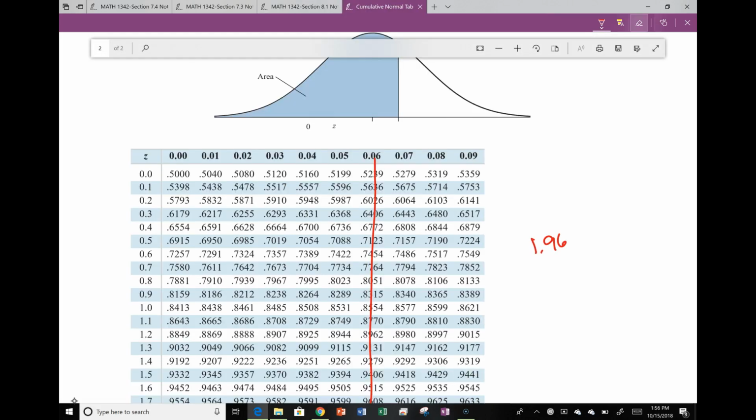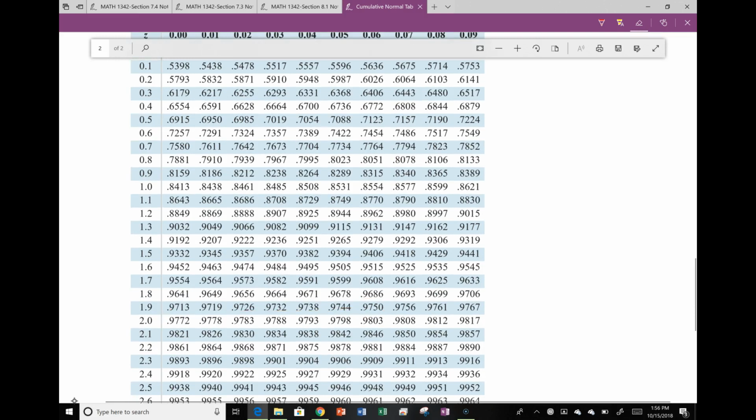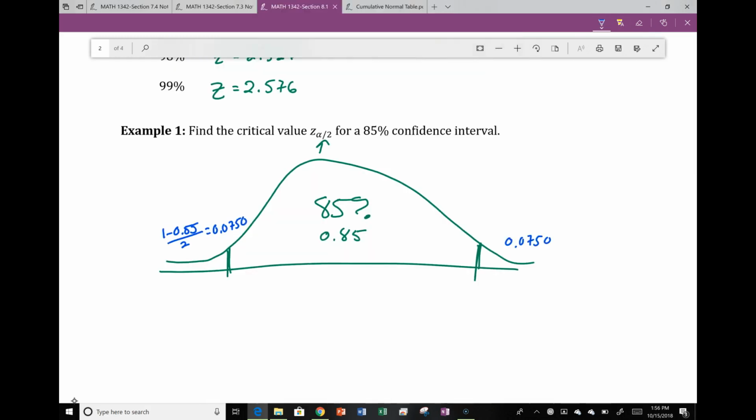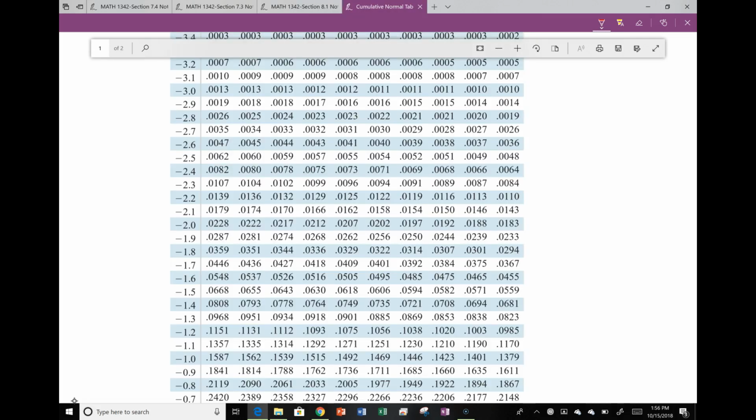So we're going to come back over here, and I'm going to get rid of this from the previous values. And I'll get rid of it here as well, so that I don't confuse you on where I got some of these numbers. And so we needed to look up a 0.0750 in the center of the chart.